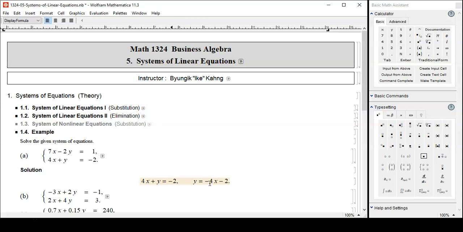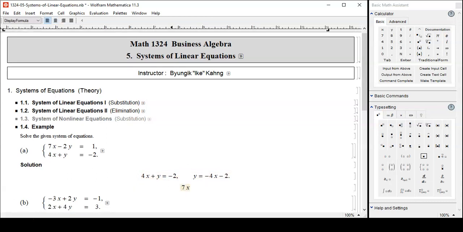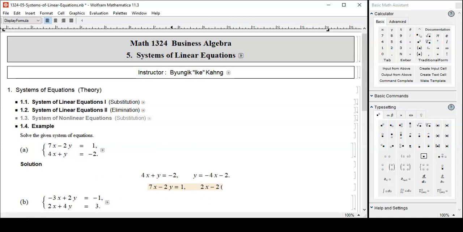And then if I substitute this back into the first equation, which I did not use yet, we get 7x minus 2, and then that is -4x minus 2. We have an equation, but only with one variable.